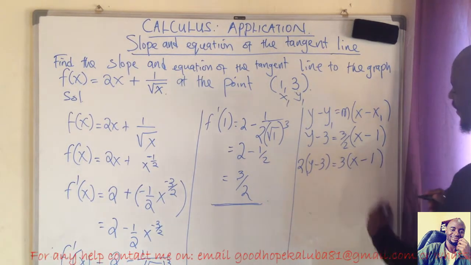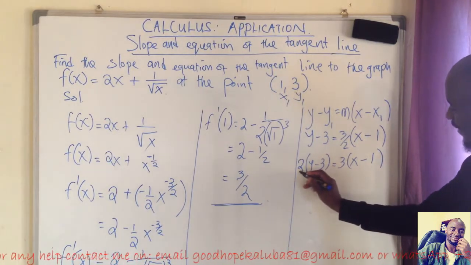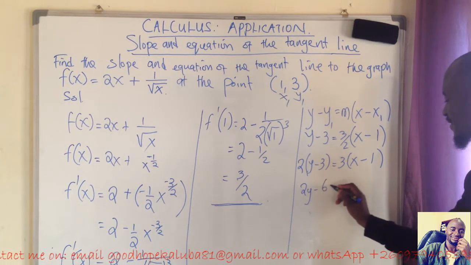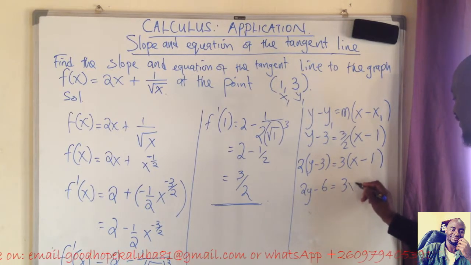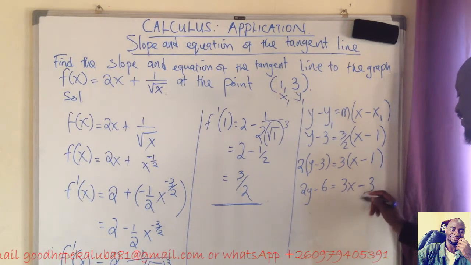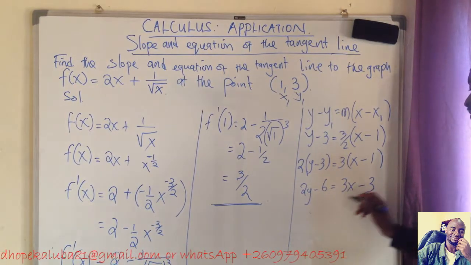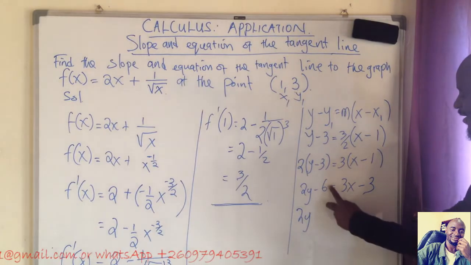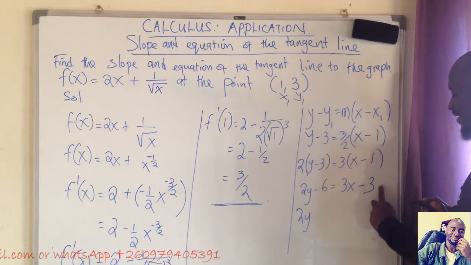Then at this point I can open the brackets. This multiplied by that, I will have 2y minus 6 is equal to 3x minus 3. So I can take this one this side and that one that side. I will do it by what we call additive inverse. Here I'll put plus 6 and there I'll put plus 6.